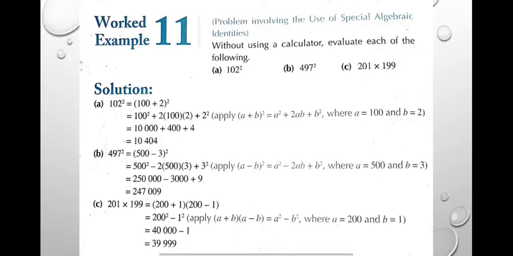Okay, so we are going to be using it in calculating something like this. 102 squared. So evaluate this value without using the calculator. So what we can do here, we are separating the 100 and the 2, right?